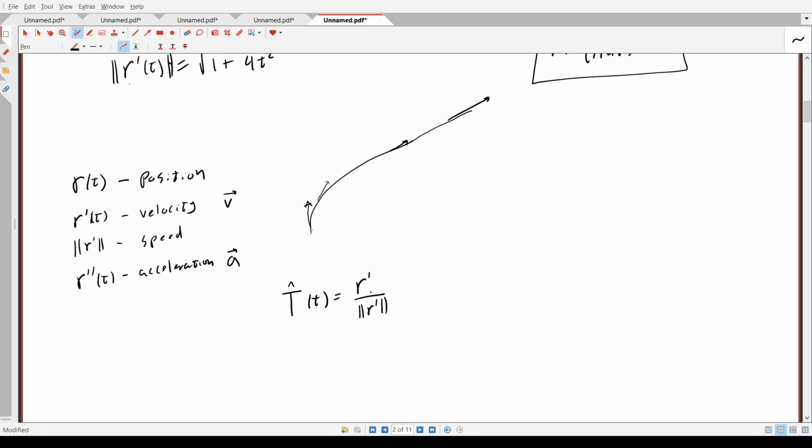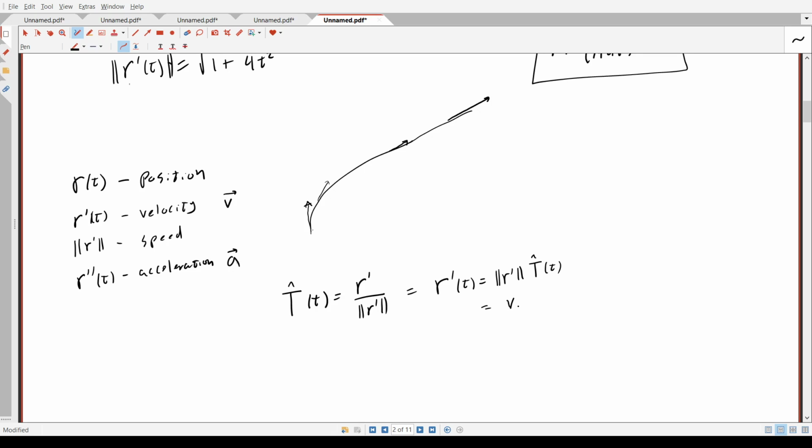Okay, but if I solve for this, I have r prime of t is equal to the norm of r prime times the unit tangent vector. Okay, that's fine. So let me just point out that this right here is the speed.